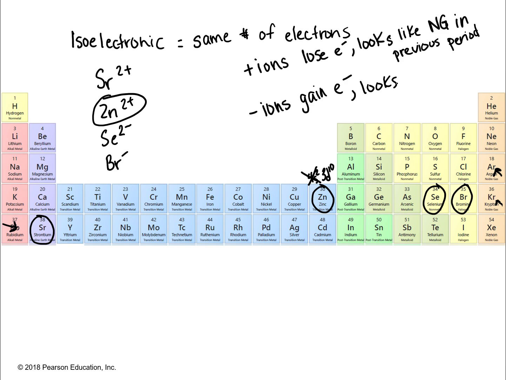For the negative ions, they're going to gain electrons, and they're going to look like the noble gas in their period. So selenium and bromine, when they gain those extra electrons, they're also going to look like krypton. So this is a practice in knowing your electron configurations and being able to figure out which noble gas that ion is going to look like. Make sure that you can do a question like this.